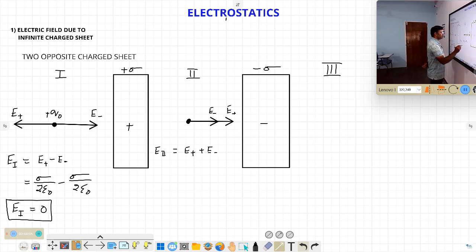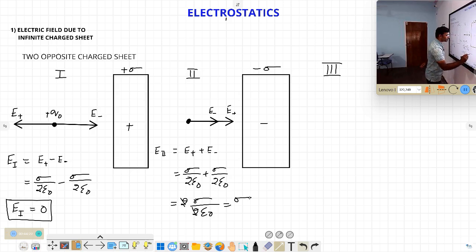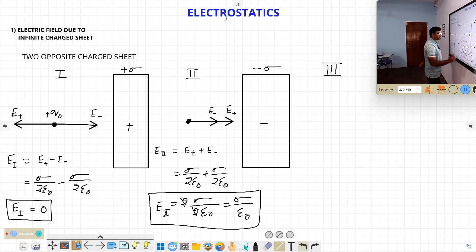That is sigma by 2 epsilon naught plus sigma by 2 epsilon naught, which is 2 sigma by 2 epsilon naught. The 2 gets cancelled, and you get sigma by epsilon naught. So the electric field intensity in the second region is equal to sigma by epsilon naught.